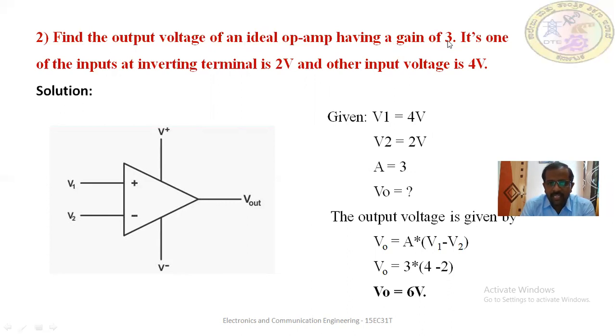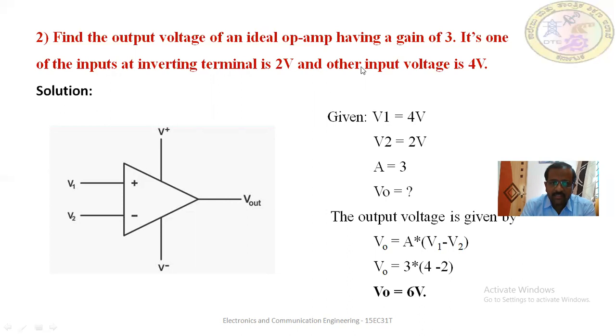It has a gain of 3, so I am going to indicate A is equal to 3. This is the gain here. And one of the inputs at the inverting terminal is equal to 2 volts. The inverting terminal is represented as V2 in the diagram, so V2 is equal to 2 volts.